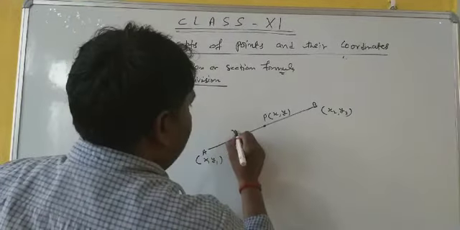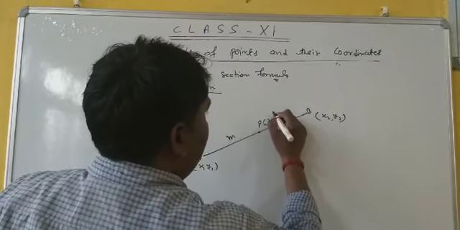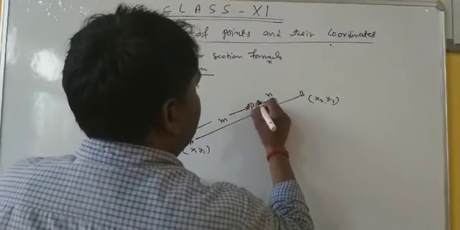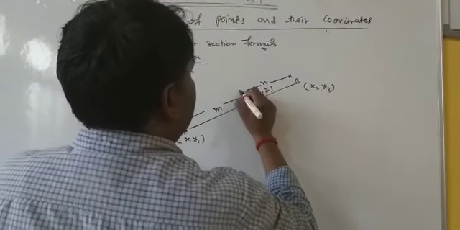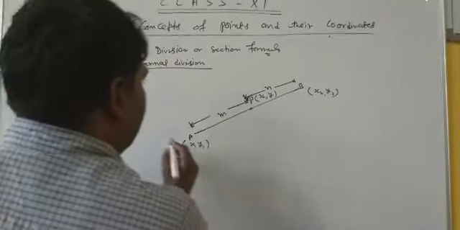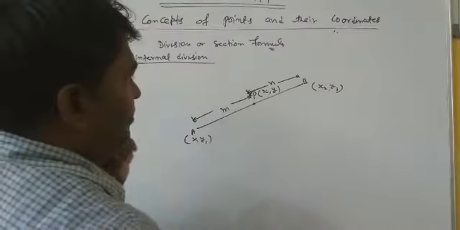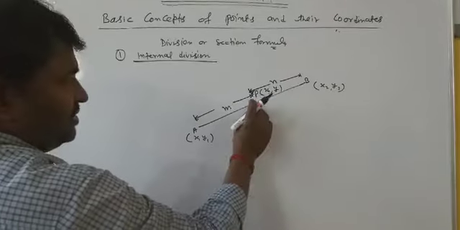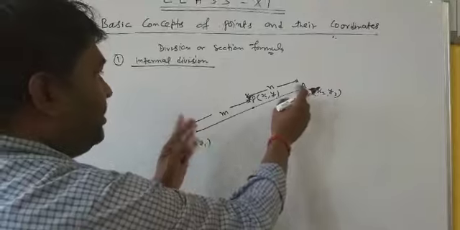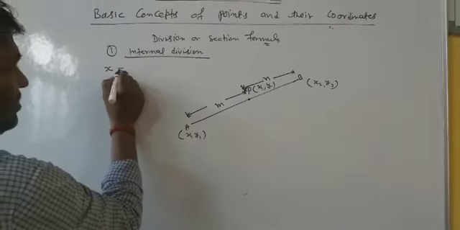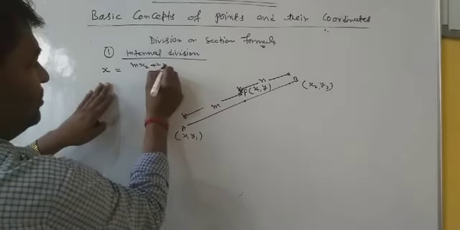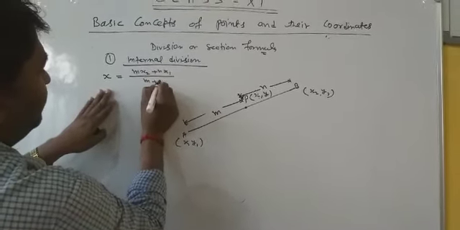Let it be dividing in the ratio m to n, where this part is m and this part is n. You already know the coordinates of a point dividing a line joining these two points internally, from class 10: x can be written as mx2 plus nx1 upon m plus n.